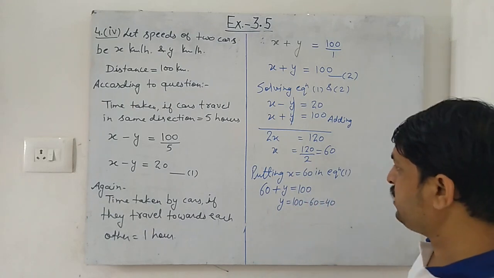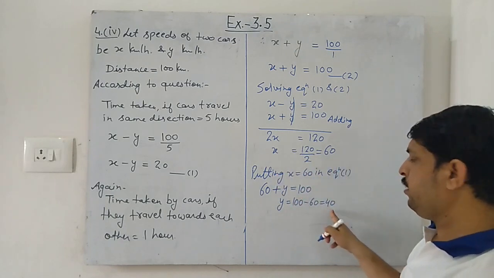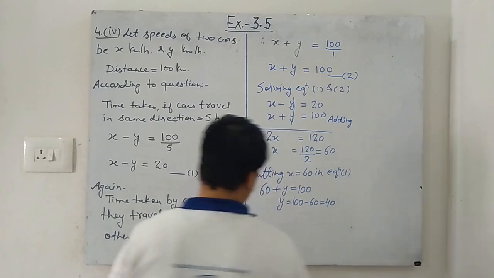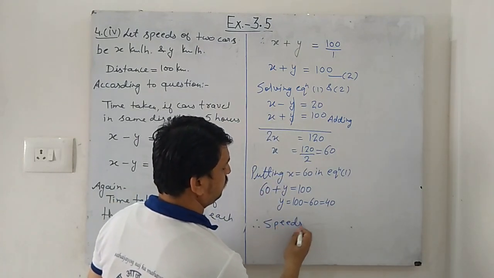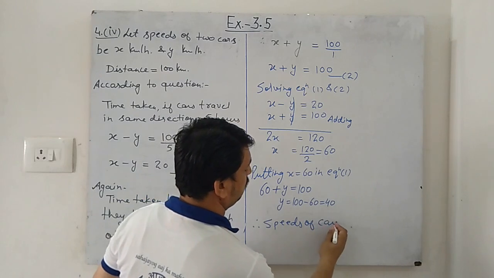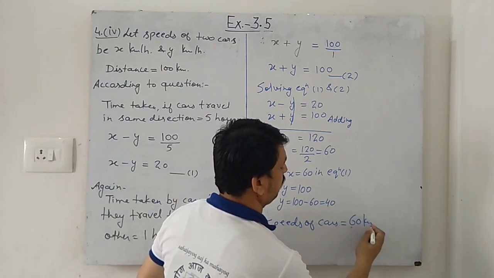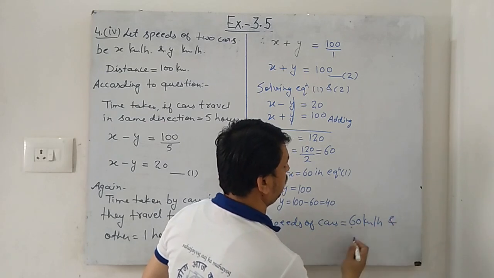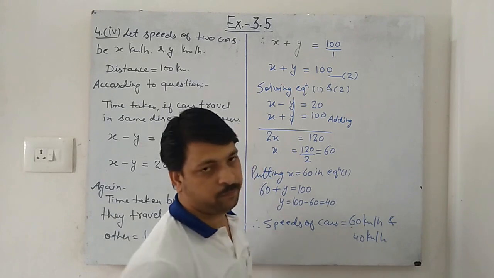That means speeds of cars is 60 km per hour and 40 km per hour.